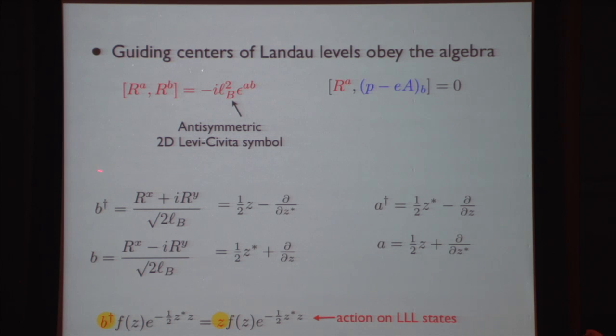So these B operators have the property that they annihilate the Gaussian factor, just like the A's annihilate the Gaussian factor. And B dagger, acting on a lowest Landau level state, multiplies the wave function by z. You pick up a half z from B dagger, half z from there, and you get the other half z from minus d by dz star.